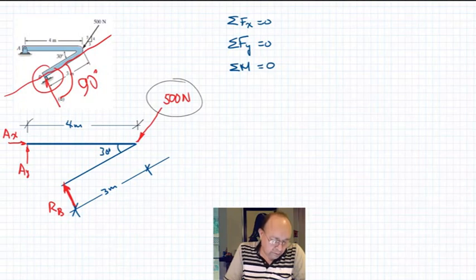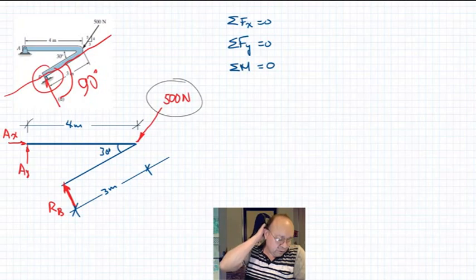So here we could do summation of moments about point A, and we eliminate AX and AY and find RB directly.